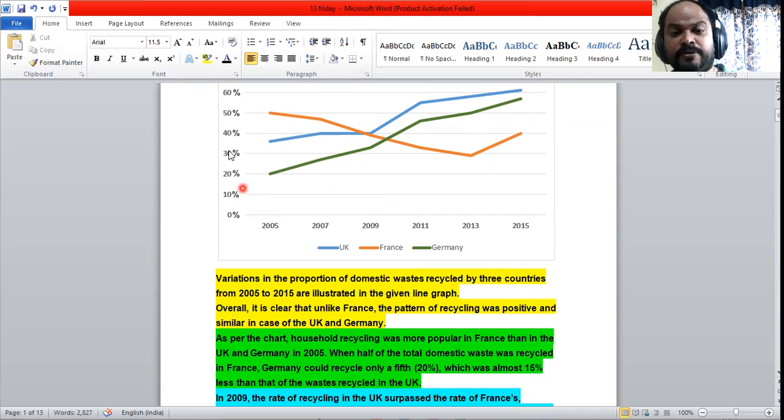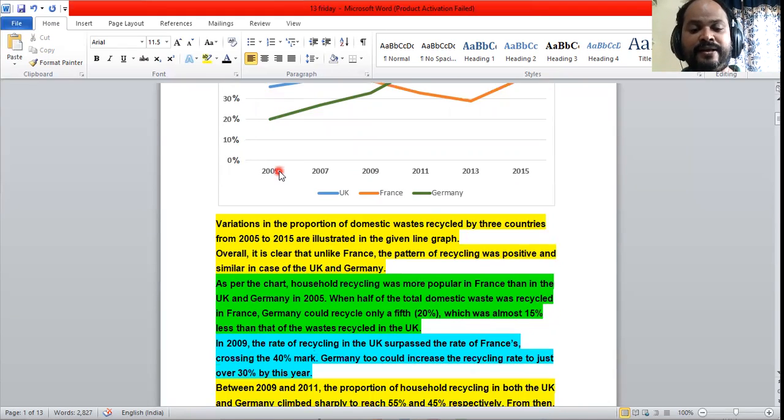When half, 50% of the domestic waste was recycled in France, Germany could recycle only a fifth, that is 20%, which was almost 15% less.